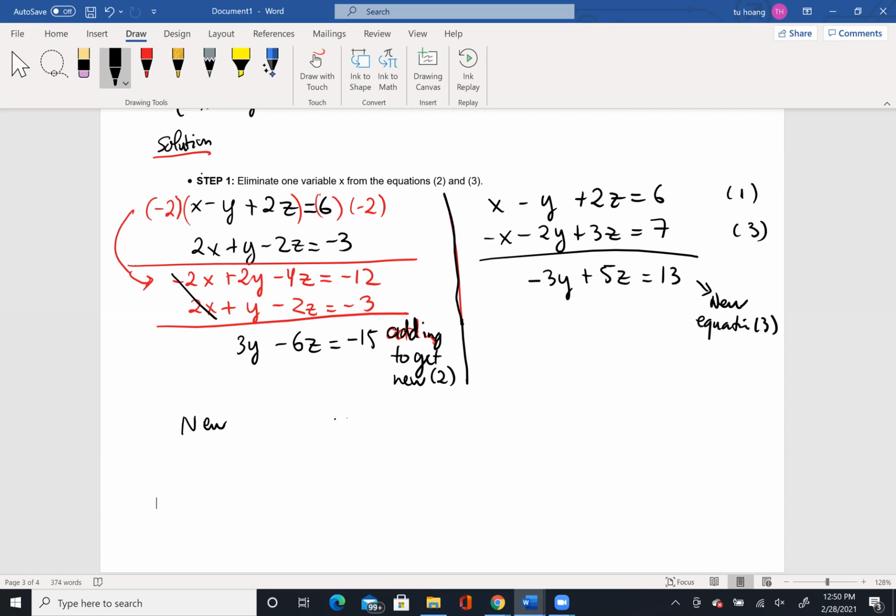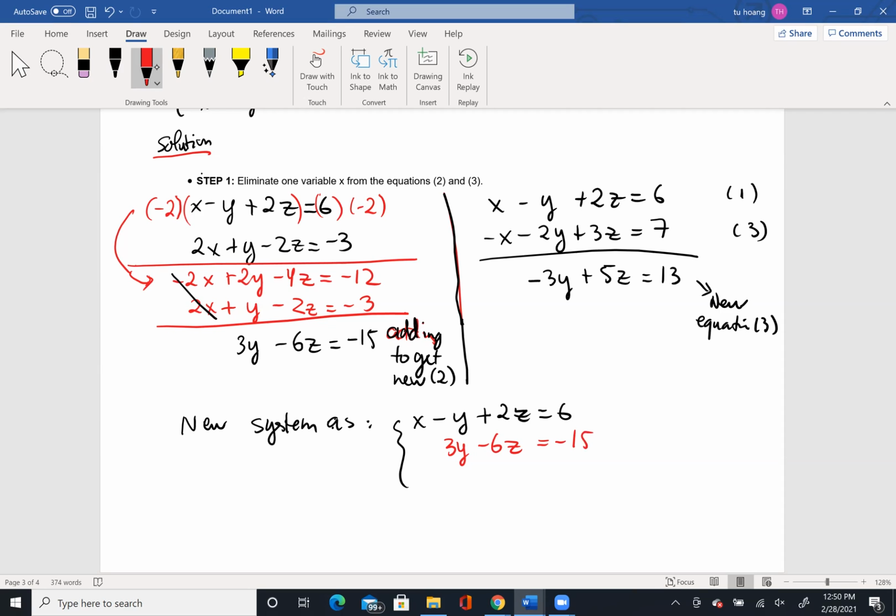New system. Just a new system. X minus y plus 2z equal to 6. And the new number 2 equation is 3y minus 6z equal to -15.